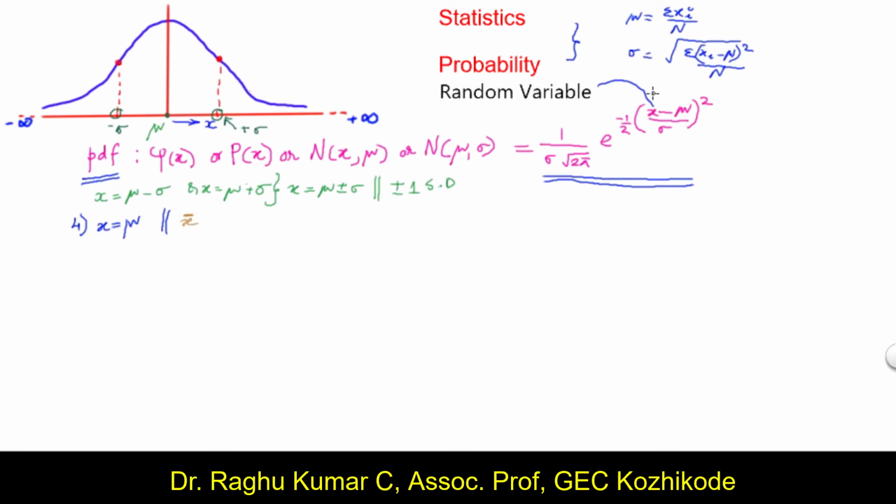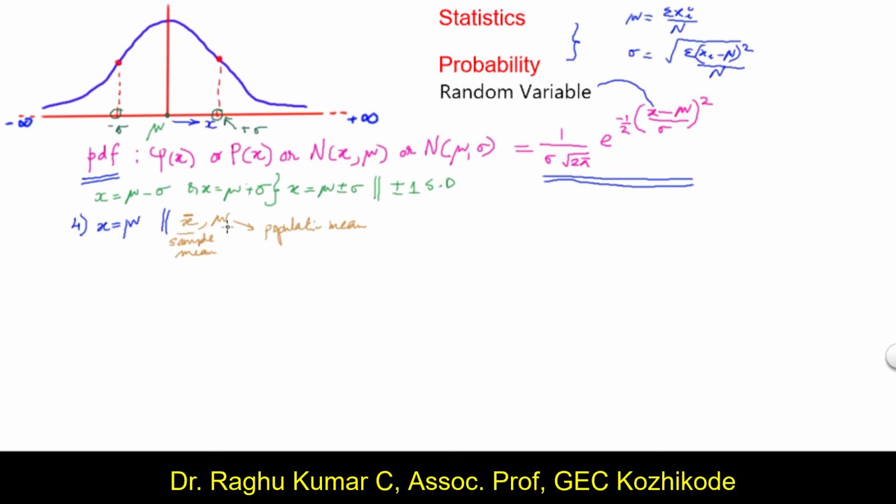X bar and mu expression is one and the same, but x bar corresponds to sample mean, and mu corresponds to the population mean. Both expressions are sigma xi by n. If all the xi's, x1, x2, x3, etc., correspond to a sample taken from the population, then that is called x bar.